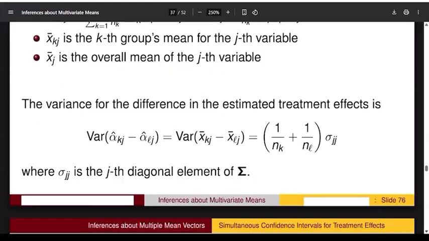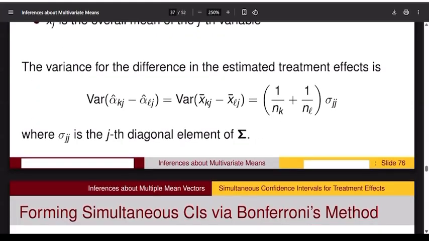Like I said, if I want to measure the effect, I need the variance of the effect difference. If I want to measure the difference of treatment effect, I need the variance. The variance is actually this. Let me tell you this: whenever I want to investigate an effect, I need the variance of that effect.